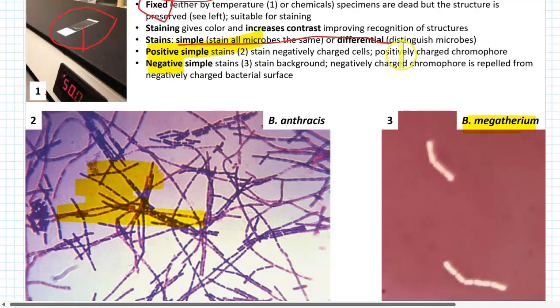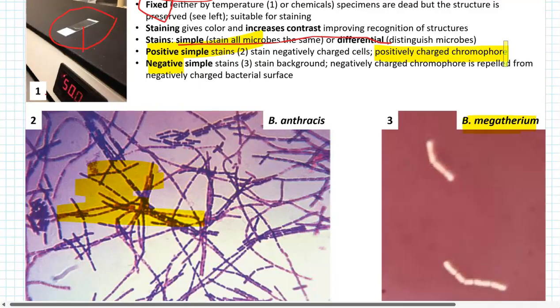If the chromophore compound that you use to stain is charged positively, it will be attracted to the negatively charged surface of bacterial cells. Reasonable? So, positive stains have positively charged chromophores that bind to the negatively charged surface of bacteria.